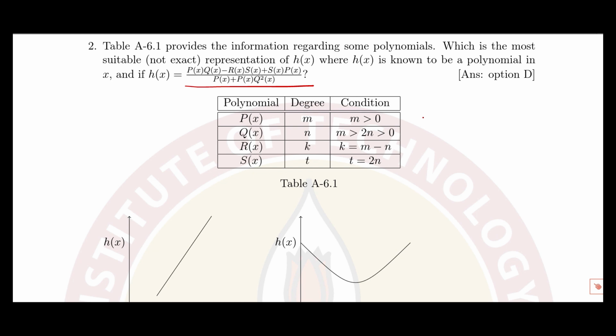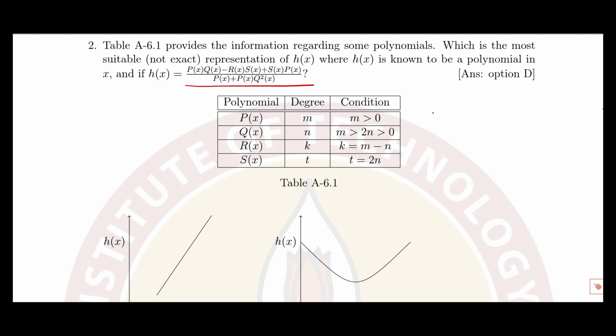Therefore, after obtaining the degree of h of x, we can predict the graph. Now let us find the degree of the polynomial in the numerator. The polynomial is p of x times q of x minus r of x times s of x plus s of x times p of x.